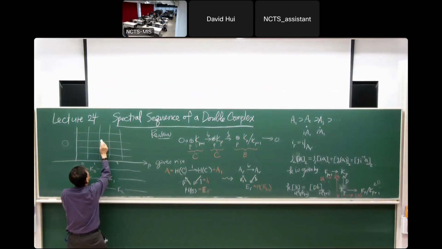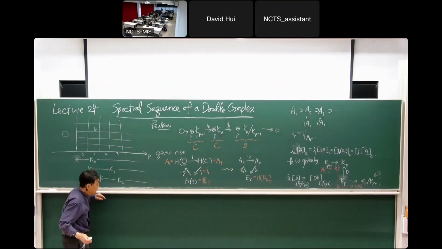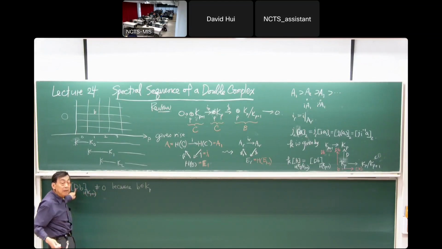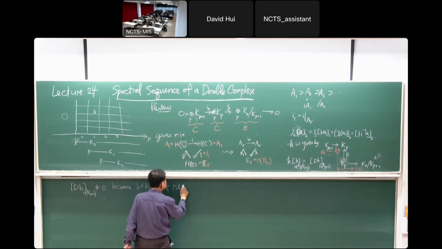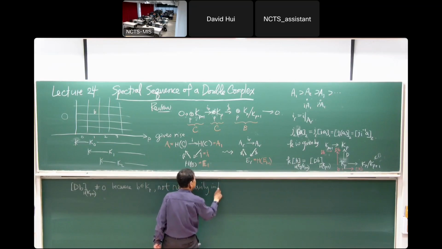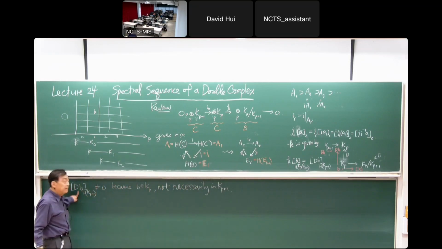So b is in K_p, but it's not necessarily in K_{p+1}. Yeah. To be 0 in the cohomology of K_{p+1}, it has to be the d of something in K_{p+1}. Okay? b is in K_p, not necessarily in K_{p+1}. Okay. So that's why it's not exact. It's not exact in this cohomology group.